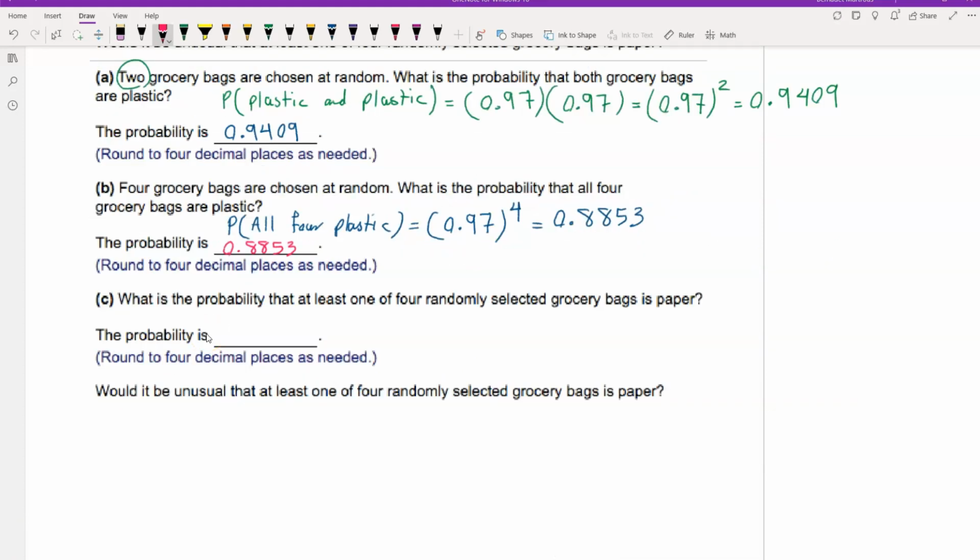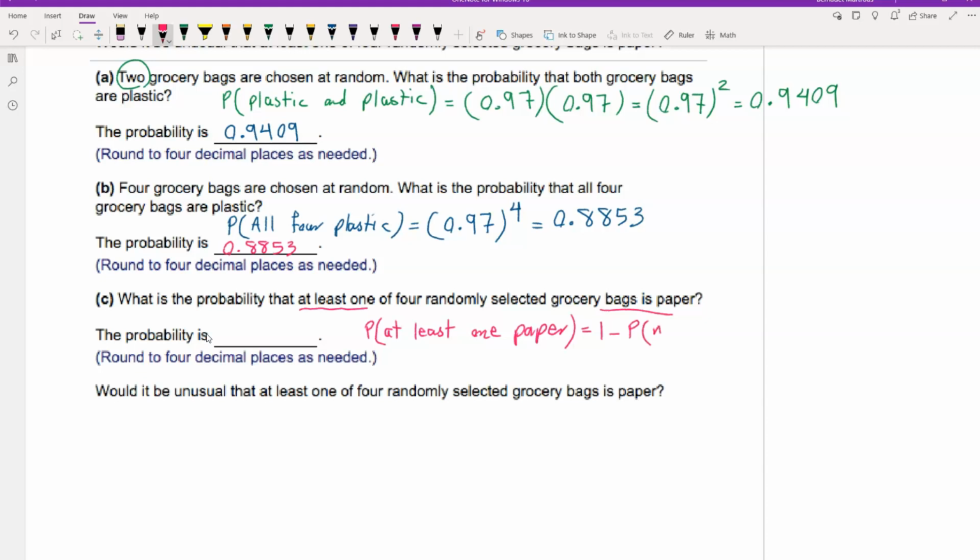Part C, what is the probability that at least one of 4 grocery bags is paper. So probability of at least one paper is equal to 1 minus.